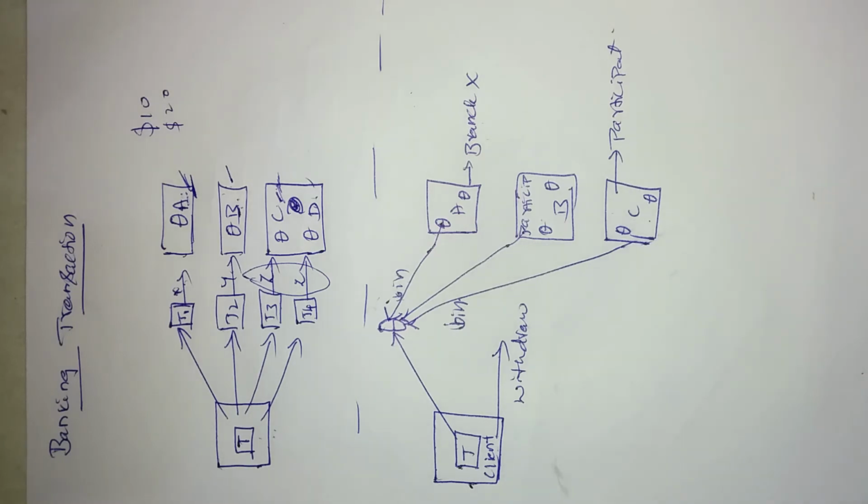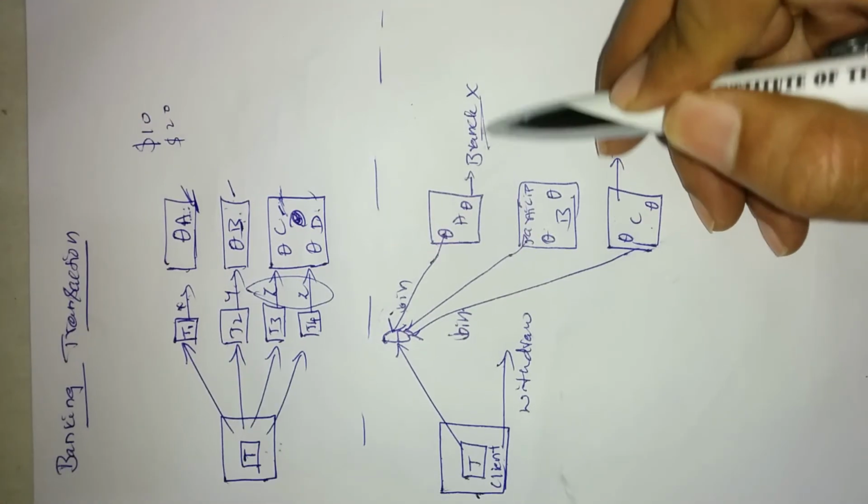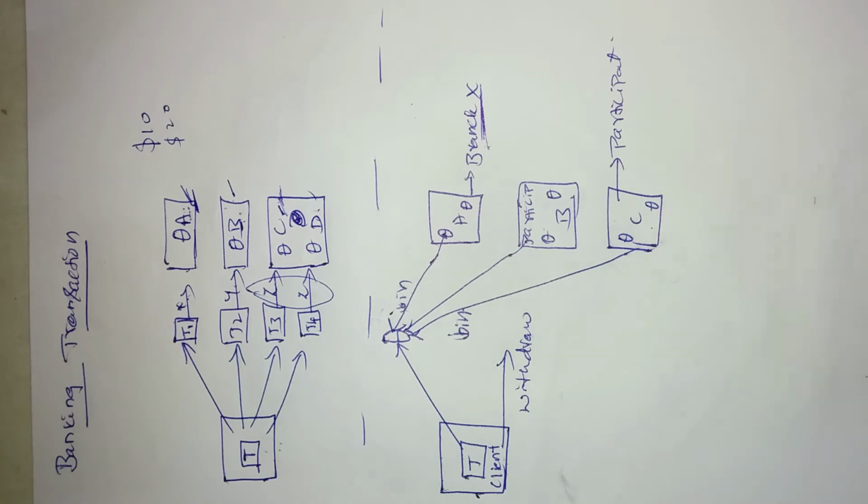This is the procedure. Note the major thing: the coordinator is one of the servers, that is, branch X. One of the servers should coordinate, meaning one of the branches or one of the banks.